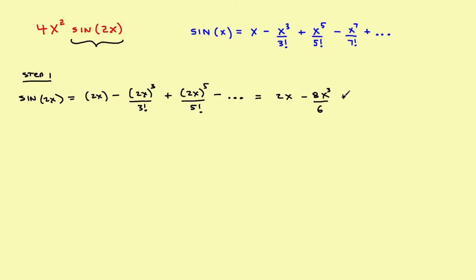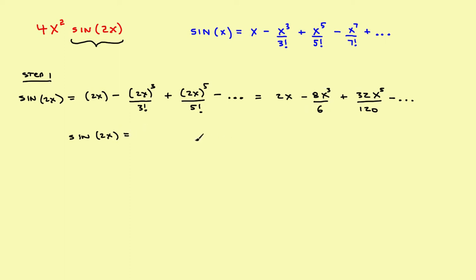Then you've got plus, then 2 to the 5th is 32, x to the 5th, divided by 5 factorial, which would be 120, and then minus, and it goes on. So this is going to get you to the sine of 2x.